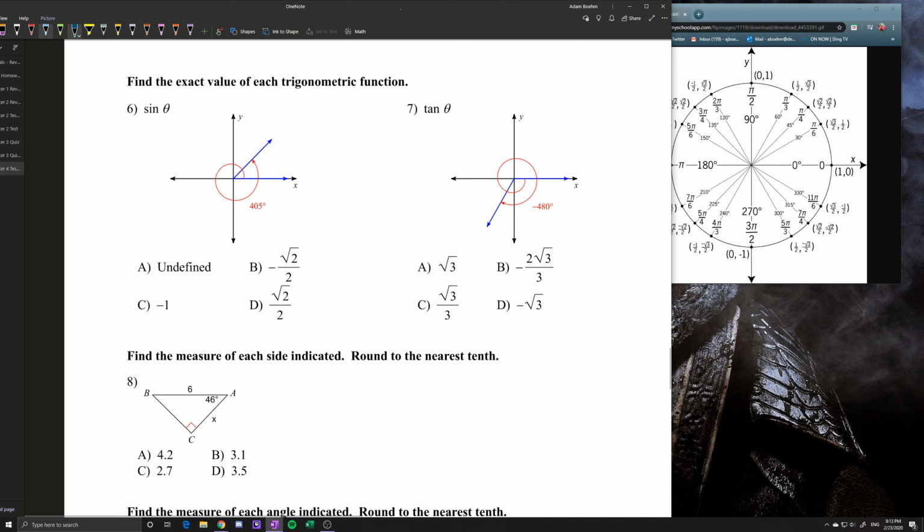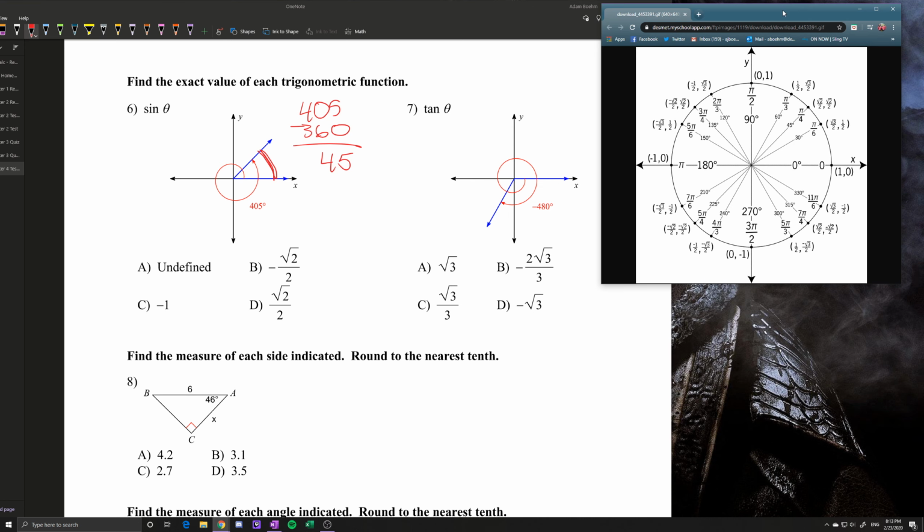In order to do that, you just subtract 360 or add 360 until you get a number between 0 and 360. So 405 minus 360 is 45 degrees. So the angle we're actually dealing with is 45.